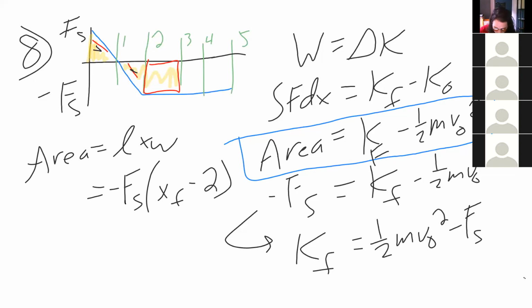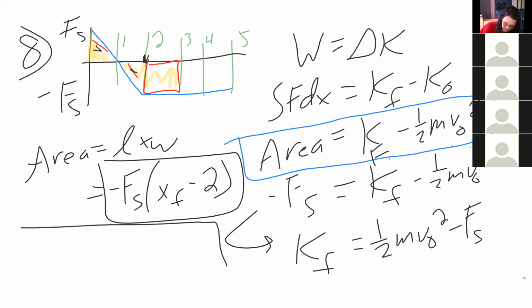The reason for that is because we're starting our rectangle at 2. So once you plug in your final kinetic energy and your mass and your initial velocity to find the area, you can relate your area back to the diagram using a relationship like this. And then the last question is going to ask about the max kinetic energy.